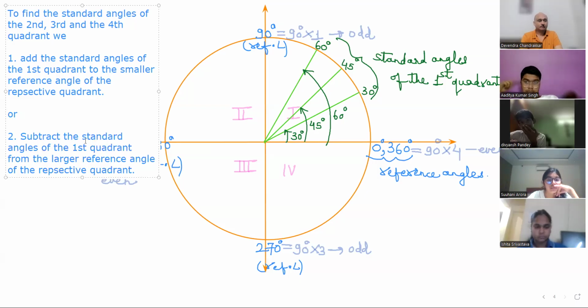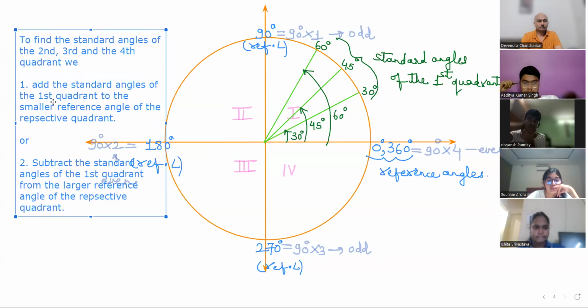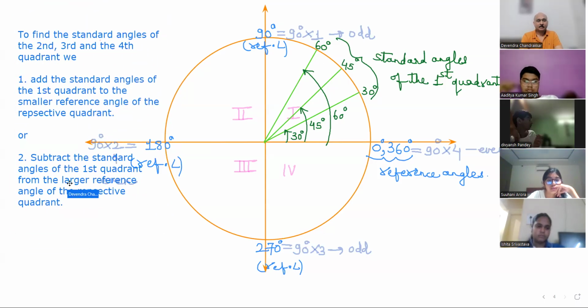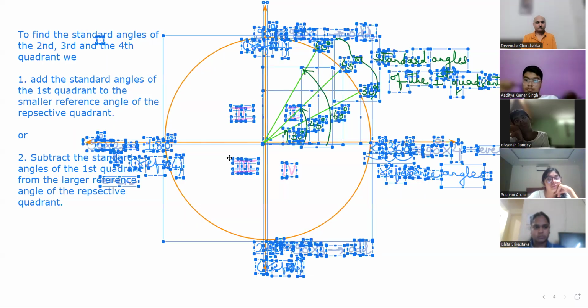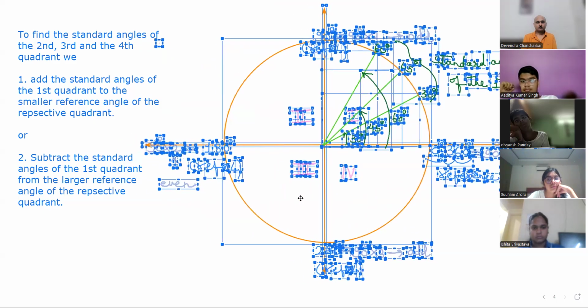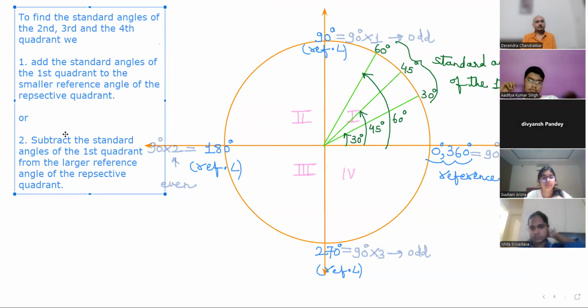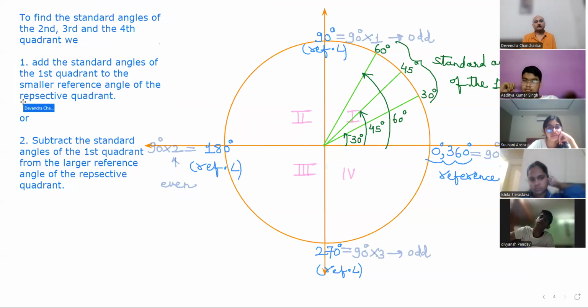So always remember, first of all, what you should understand is what is this respective quadrant.